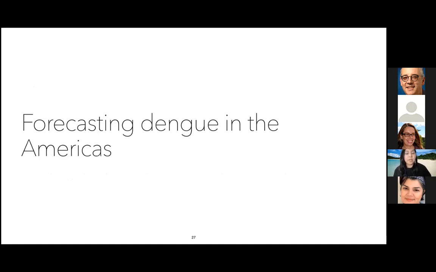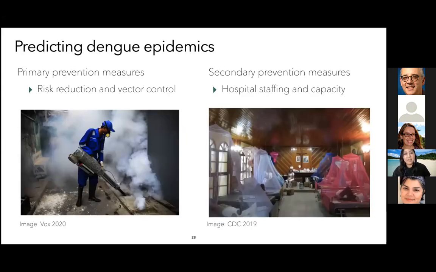Based on some of those analyses, we were hoping to use this information to inform how we can build forecasting models to look at dengue across the Americas. The reason we want to do this is that, given there aren't any pharmaceutical interventions, we really rely on prevention measures to prevent dengue infections.